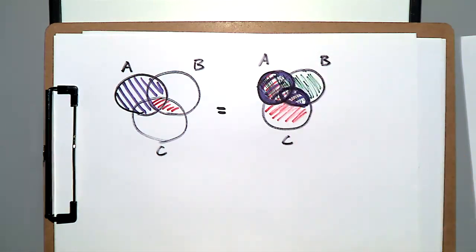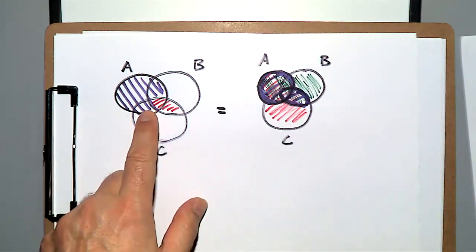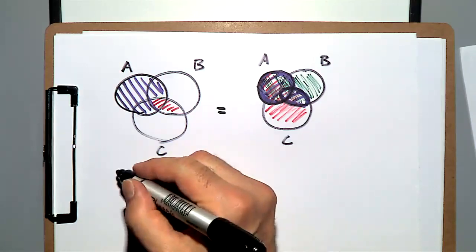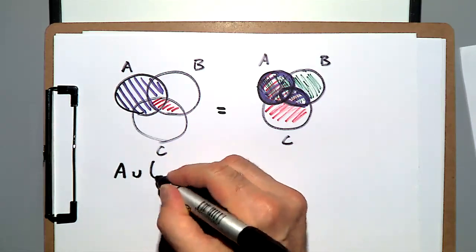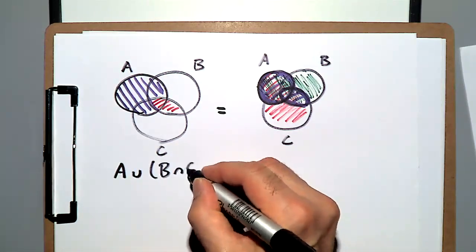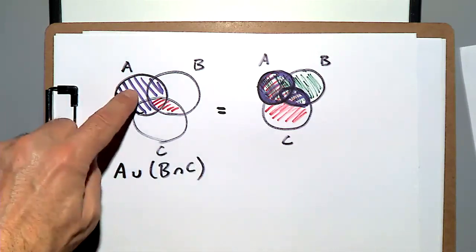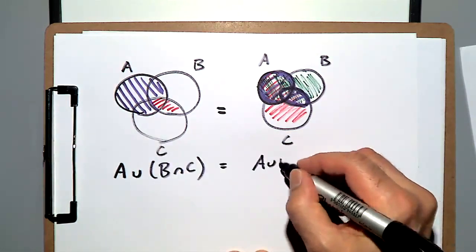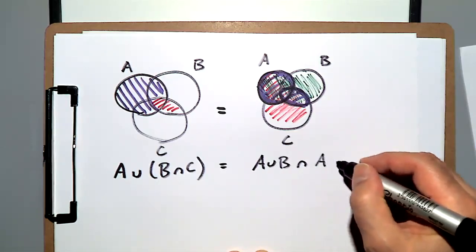So we would obtain this. And if you now compare this to what we have here, we do actually see that it is indeed the case that if we take A and combine it with all elements in B and C, this was this area, this was this area, then this is indeed the same as A union B and A union C.